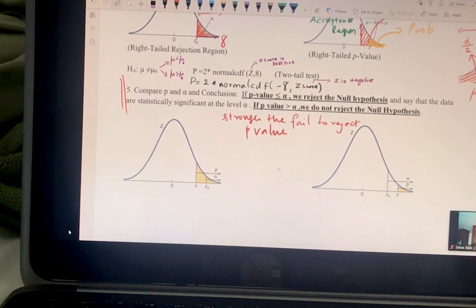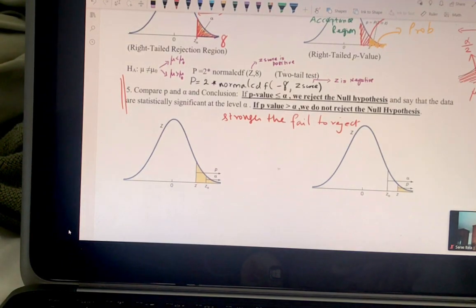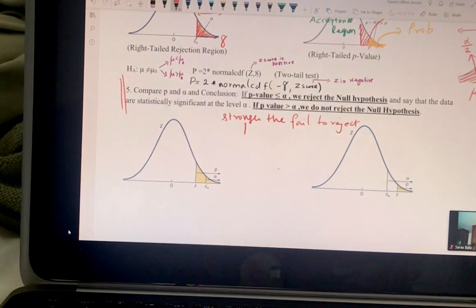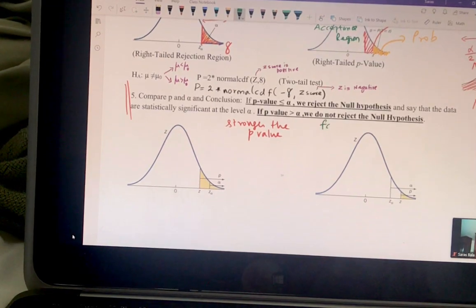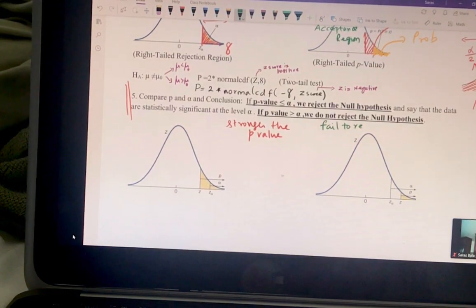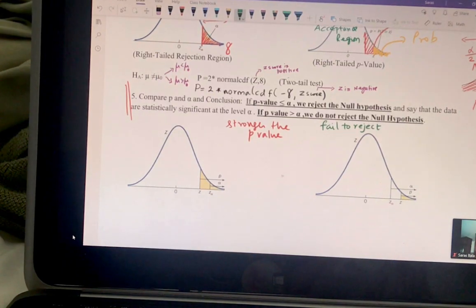So maybe I can put, because I wrote it as a sentence, with a larger p-value, I am going to say fail to reject the null hypothesis. Do not reject means fail to reject. That means we are going to keep the null hypothesis.